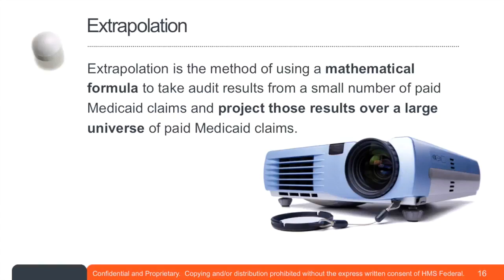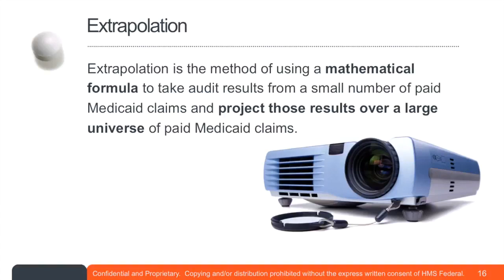We can't audit all 200,000 claims, so we break that down into a more manageable 200 claims. And whatever results we find in those 200 claims, we extrapolate back over that entire universe.